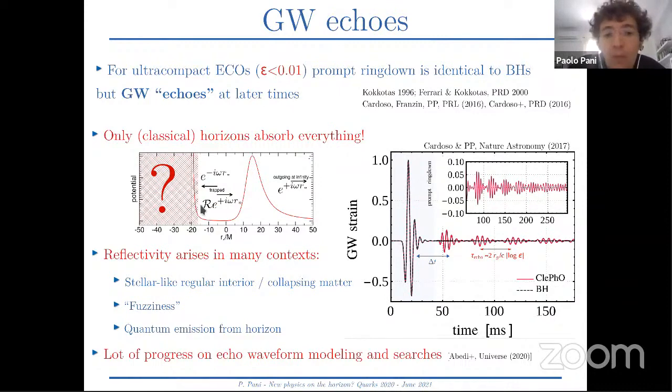So something will go back from the horizon. Of course, one can ask what is the reflectivity coefficient in this case, and it might be model dependent and very small, but it's an interesting question to see to which level we can constrain these effects. There has been a lot of progress in trying to model echo waveforms and perform searches, and this is a nice review that I can suggest.